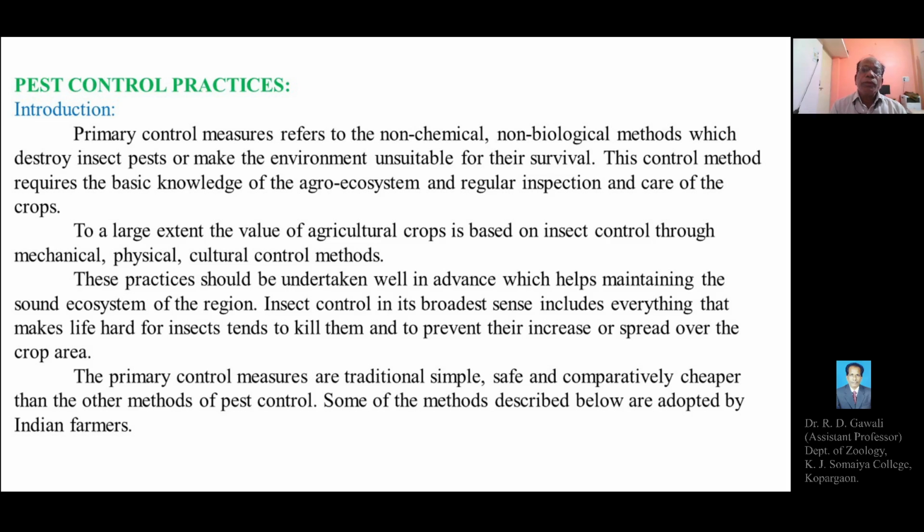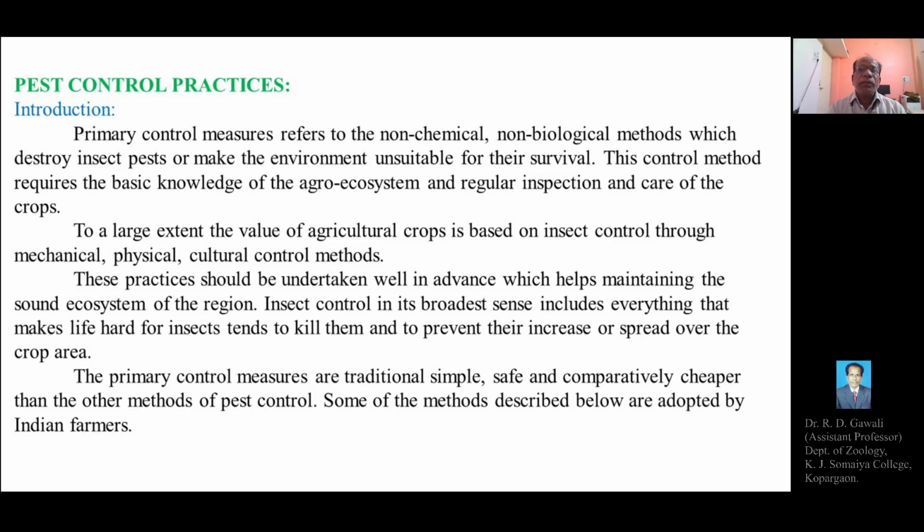The formation of unfavorable environmental conditions creates problems for the pest's survival, and these methods can be employed by the farmers themselves, but will help much to control the pest.